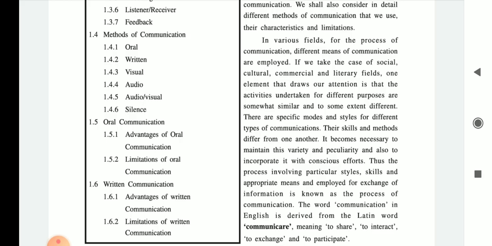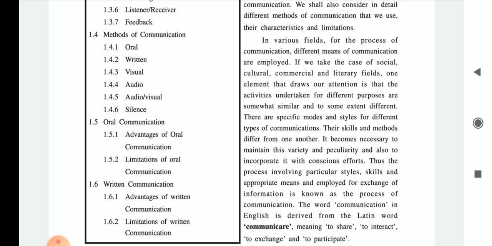If we take the case of the social, cultural, commercial and literary fields, one element that draws attention is that the activities undertaken for different purposes are somewhat similar, to some extent different.